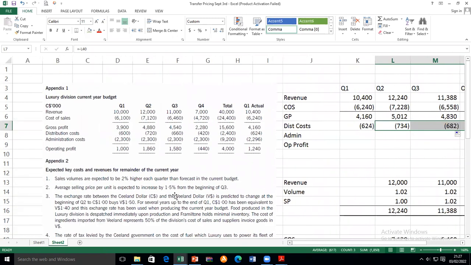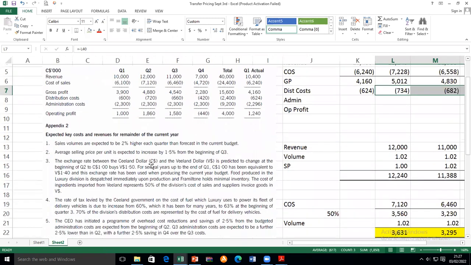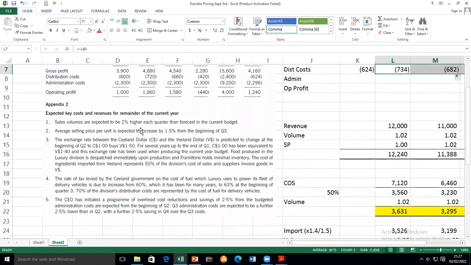Admin cost is something interesting here. They say the CEO has initiated a program of overhead cost reduction and savings of 2.5% from the budgeted admin costs are expected from the beginning of Q2. Q3 costs are expected to be a further 2.5% lower than Q2, with a further 2.5% in Q4 over Q3. So how do we do that?